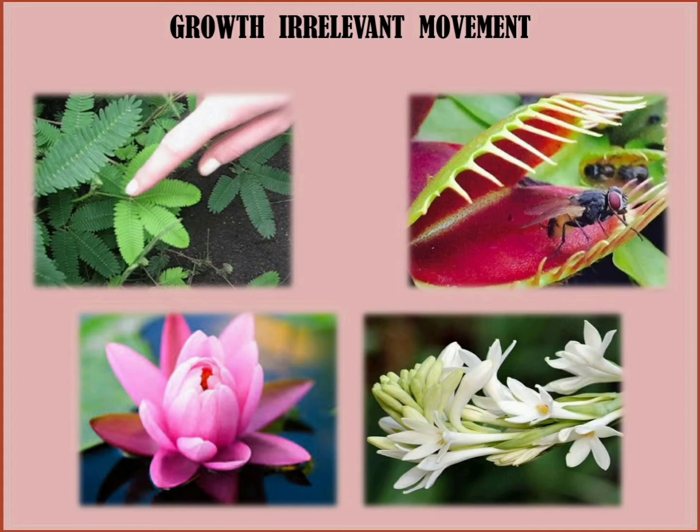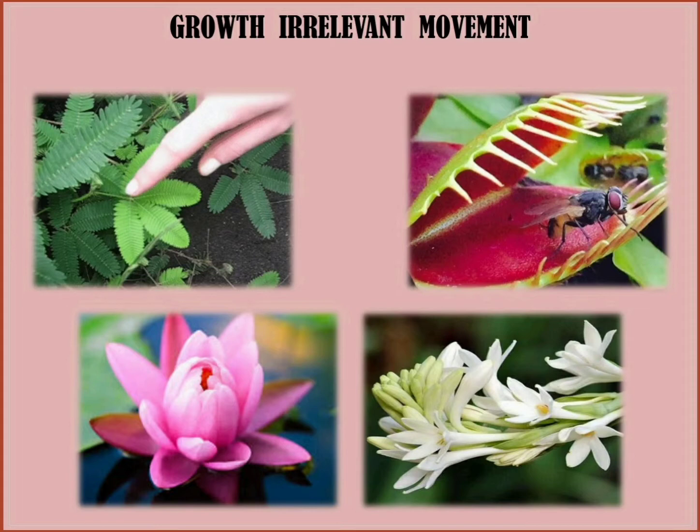You can say it eats that insect. As soon as the insect sits on the plant, the plant will start closing and trap the insect. So this also is a movement which is shown by the plant.